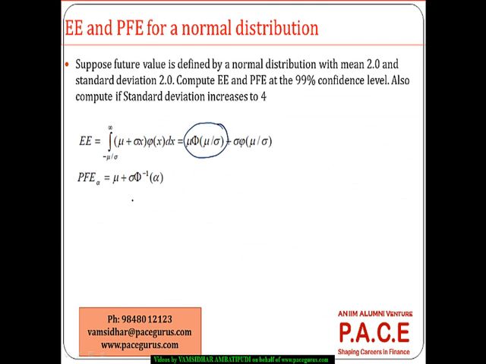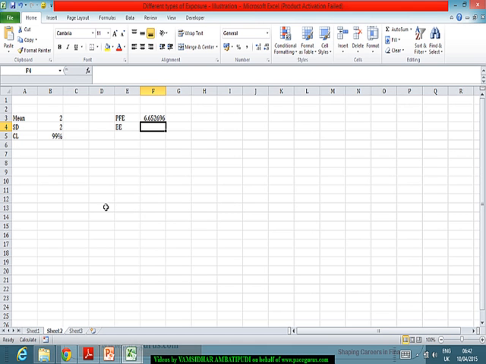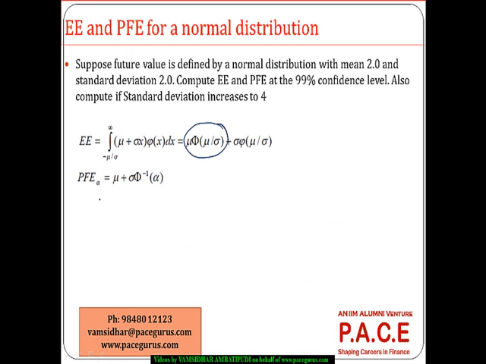Now I require the standard normal value associated with mu by sigma, so we compute mean by standard deviation as one calculation. Capital phi is the cumulative, whereas small phi is the density function.